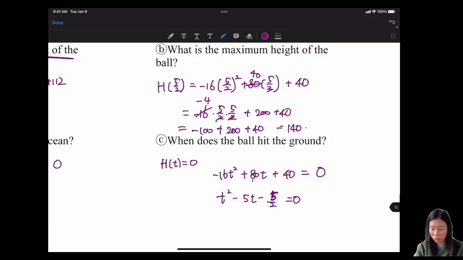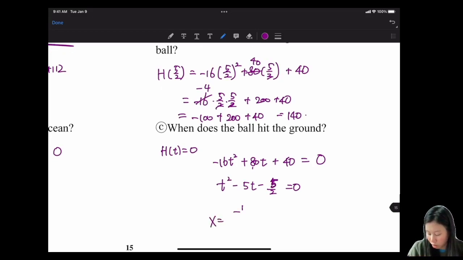Apparently this one we can't factor, so you use the quadratic formula. Again, you will get 2 answers. You only want to keep the positive one because when it comes to time, you don't have a negative time.